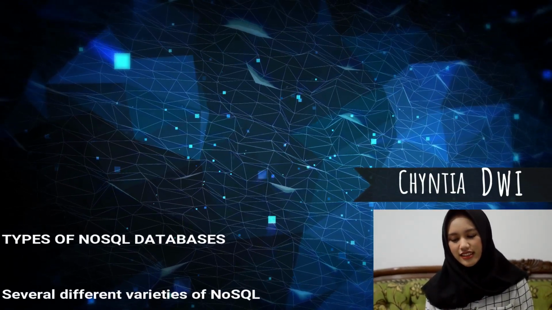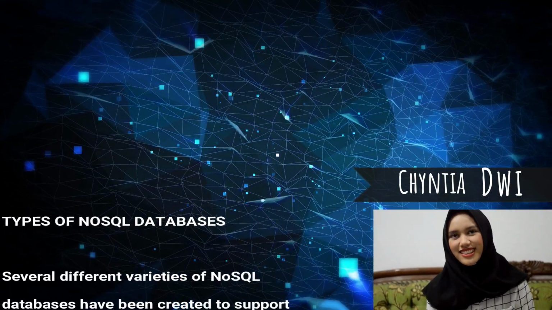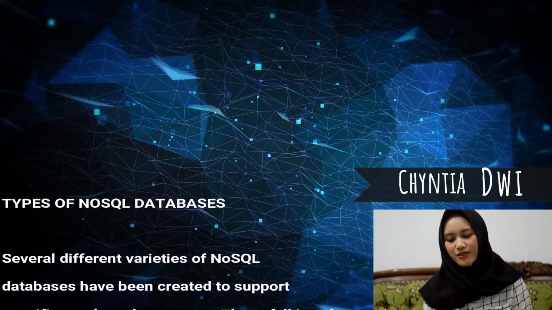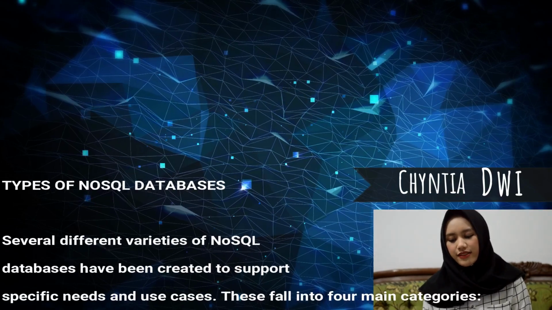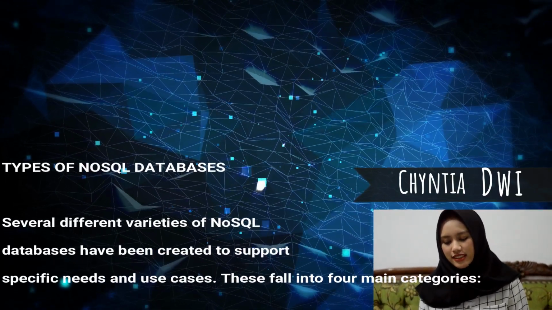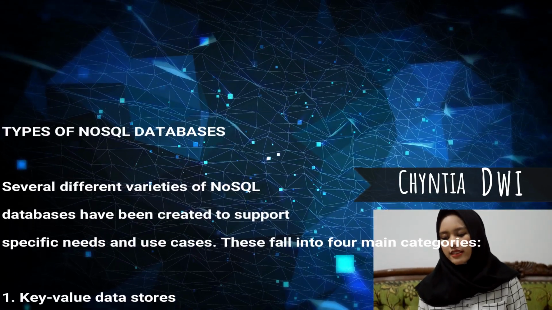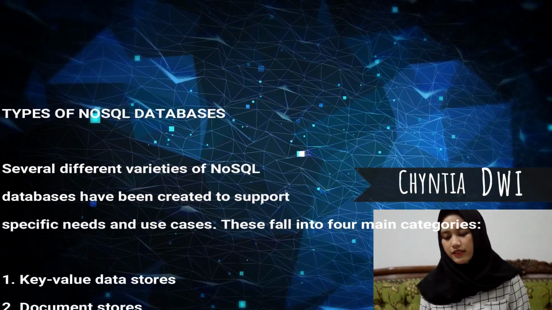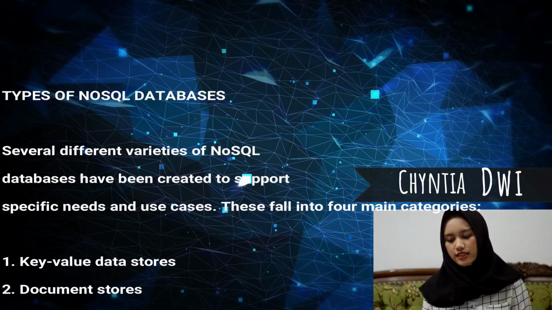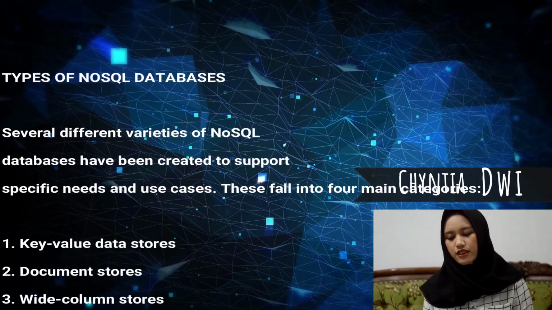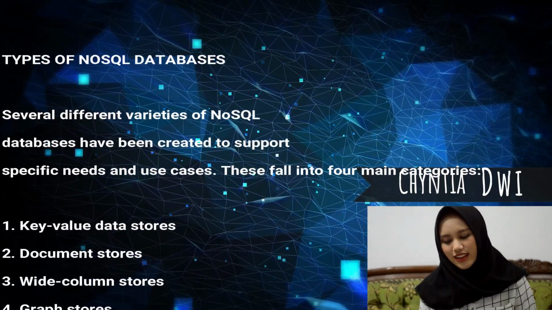The second topic, types of NoSQL database. Several different varieties of NoSQL database have been created to support specific needs and use cases. These fall into four main categories: 1.